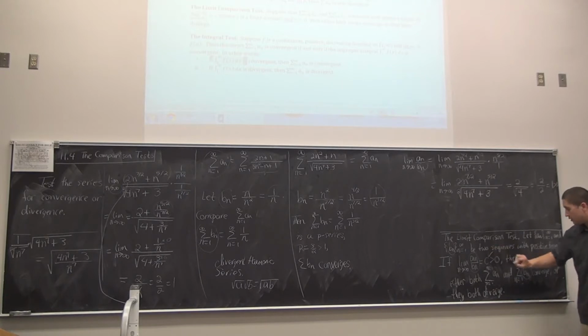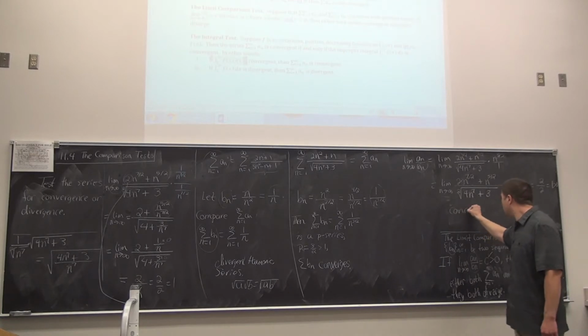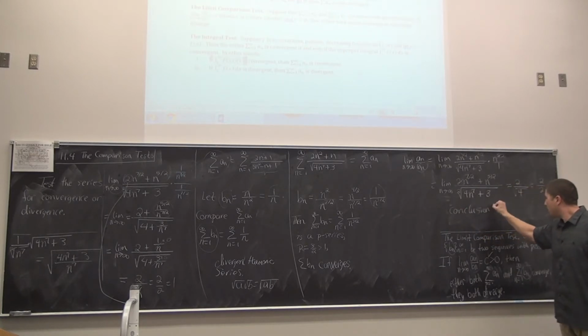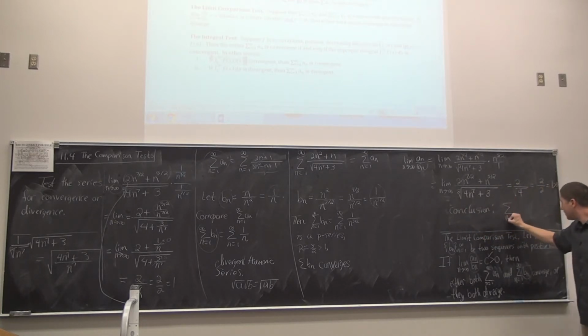So this condition qualifies. Now we know that both series converge or they both diverge. But the thing we compared it to, b sub n, did converge, so we can conclude that the original series, as n goes from 1 to infinity, a sub n, also converges.